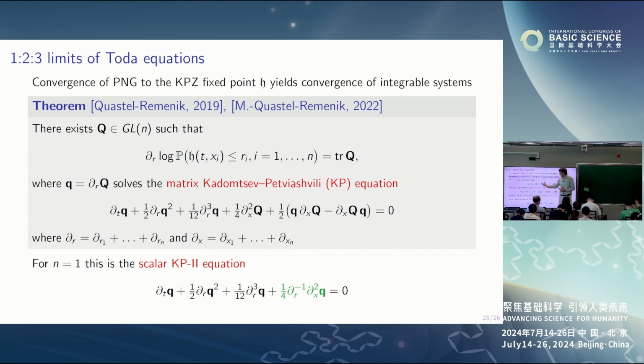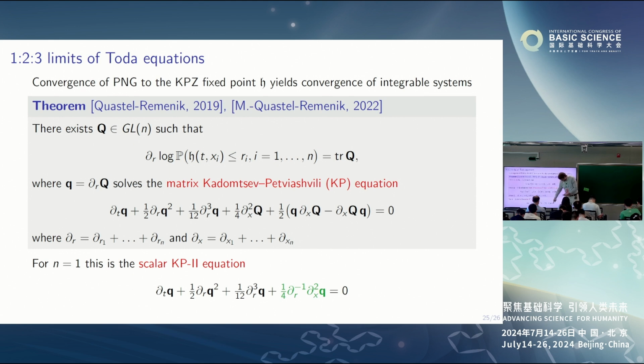So if I take the one-point distribution function, then this matrix KP equation simplifies, and we just obtain the scalar KP equation. And if we take again the flat initial condition, we start the KPZ fixed point with value 0 at time 0, then what happens is that the distribution function doesn't depend on the point x.